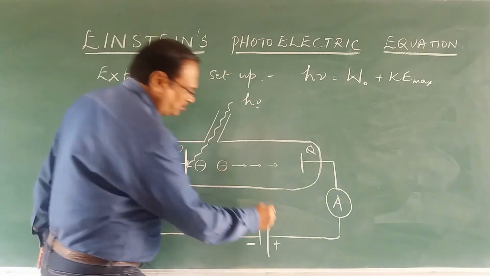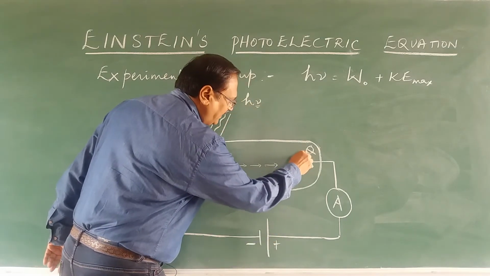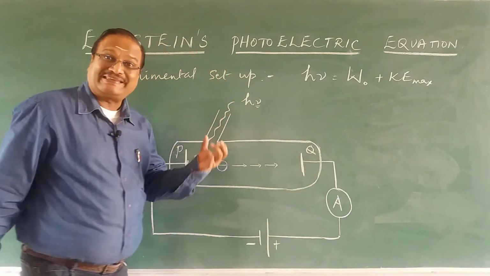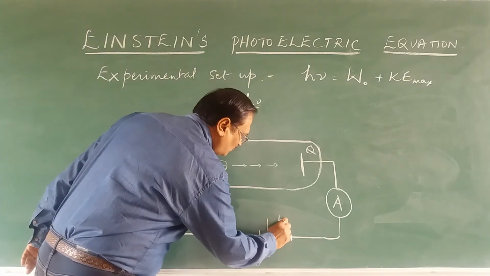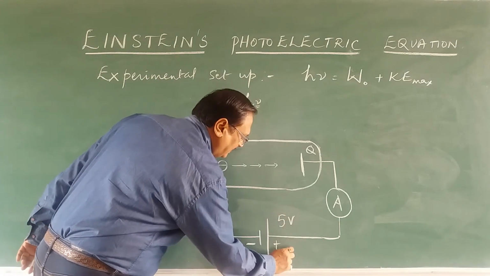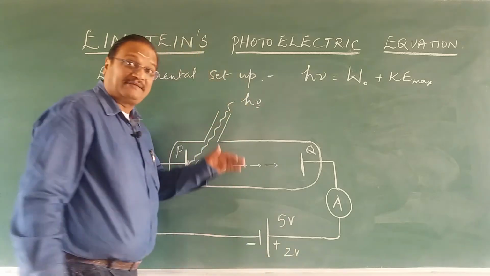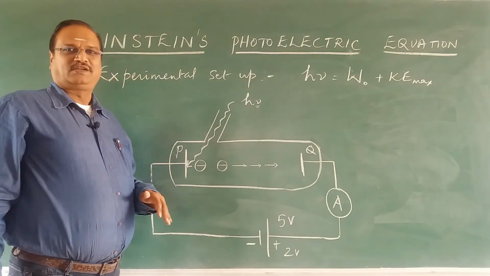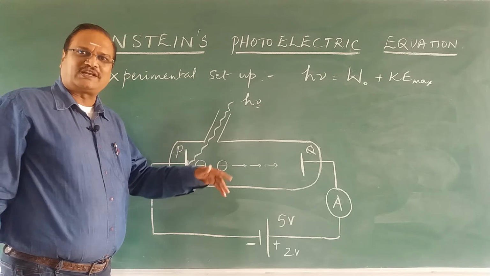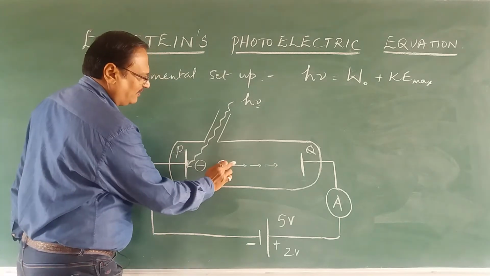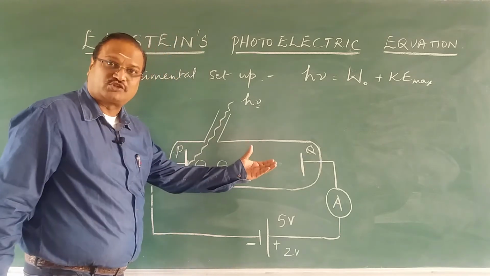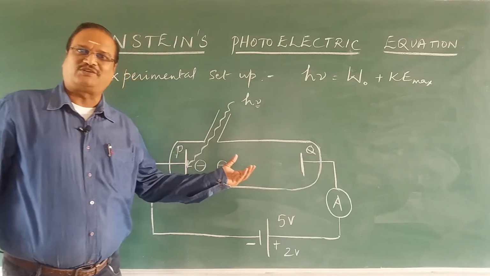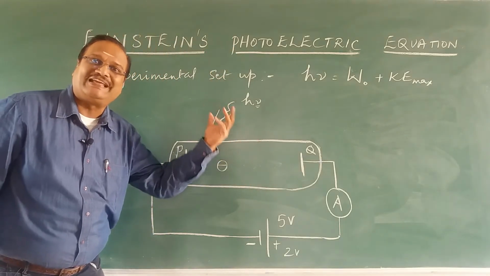Now what I am going to do is make the plate Q less positive. Let me say if this was 5 volt, I will make it 2 volt. That means I am making it less positive. When I make it less positive, what will happen? This is electron, negative, and this is positive, but less positive. When it is less positive, the attraction will be less.